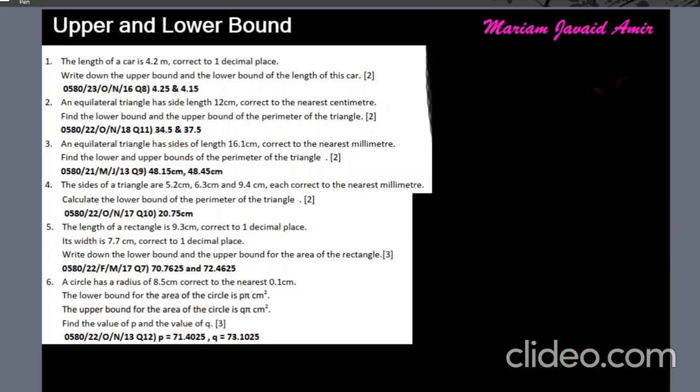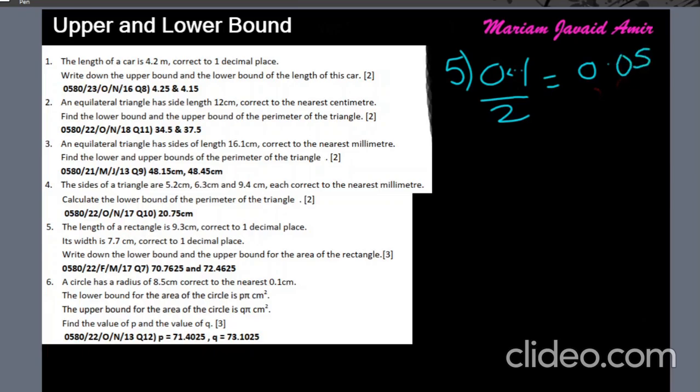Question 5 is the length of a rectangle is 9.3, correct to one decimal place. The width of the rectangle is 7.7, correct to nearest one decimal place. Write down the lower bound and upper bound for the area of the rectangle. Alright, so we have length 9.3, correct to one decimal place, which makes 0.1, divided by 2 we get 0.05.